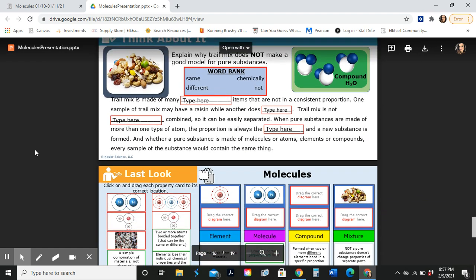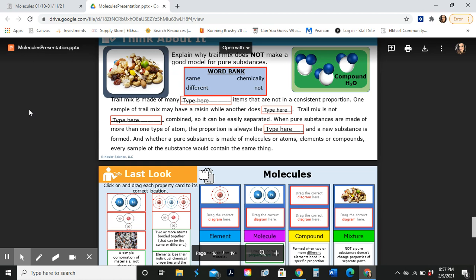Here's a show what you know. Explain why the trail mix does not make a good model for pure substances. So you're going to look at your vocabulary words right here and decide where they need to be put in. Trail mix is made out of many blank items that are not in a consistent proportion. One sample of trail mix may have a raisin while another does not.